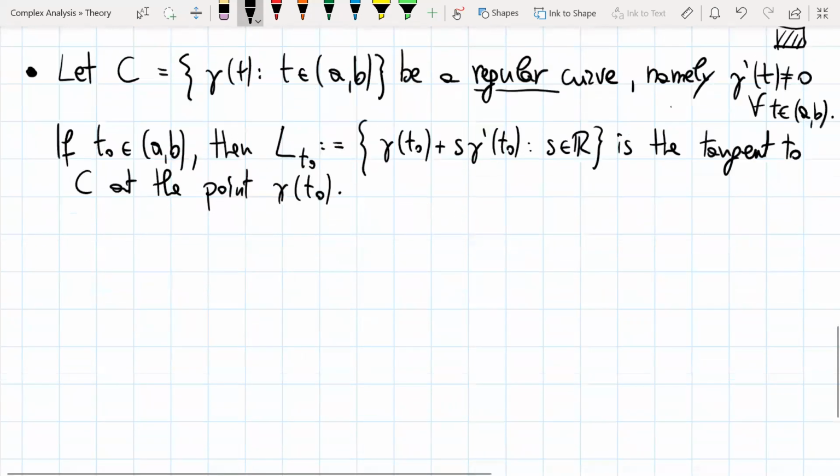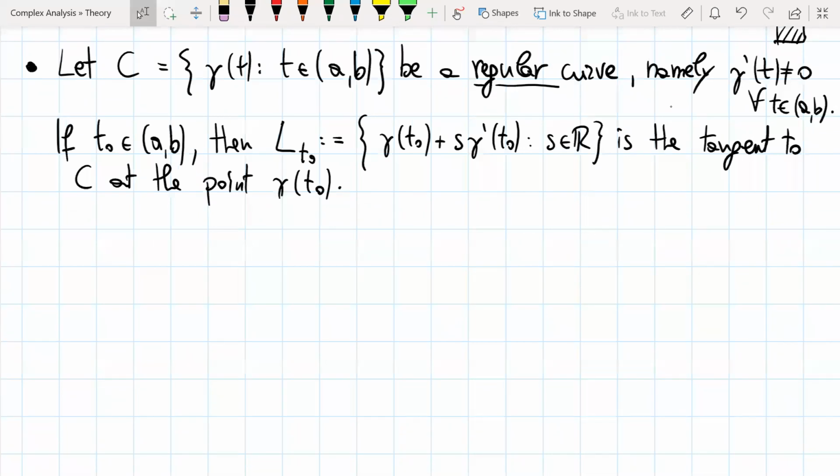Okay, so let me draw maybe a simple picture. Assume that my curve gamma is something like this. This is my curve C, which is parameterized by gamma. And then we have on C the point gamma(t0). We are going in this direction. Then the tangent line at gamma(t0) can be drawn like this.